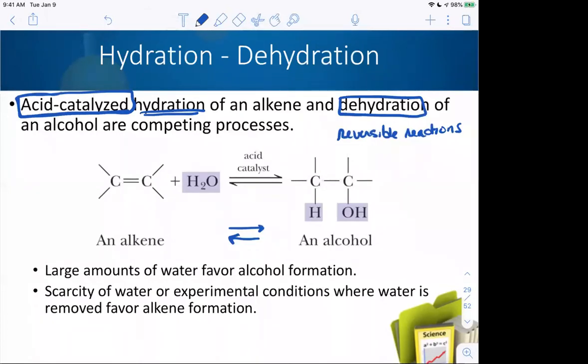The rules of equilibrium and Le Chatelier's principle are going to dictate which type of process is going to predominate. If I have large amounts of water, if I increase the amount of a reactant, I am going to shift right to the product side according to Le Chatelier's principle. That's going to favor alcohol formation.